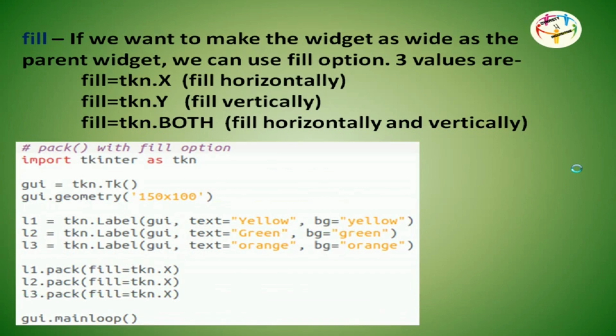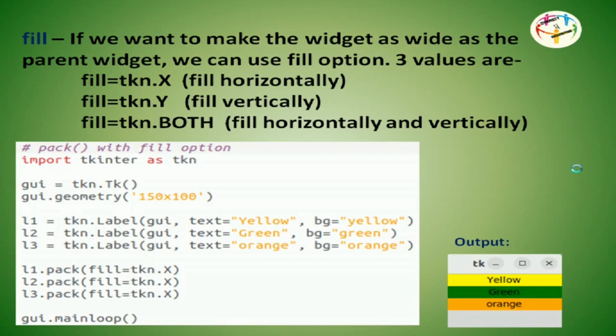Suppose 3 labels are used in this example, and L1.pack fill equal to Tkinter.X means filling horizontally, then L2.pack fill equal to Tkinter.X filling horizontally again. Similarly, L3.pack fill equal to Tkinter.X horizontally. So the output will be in this way.